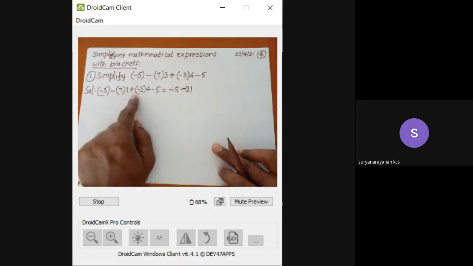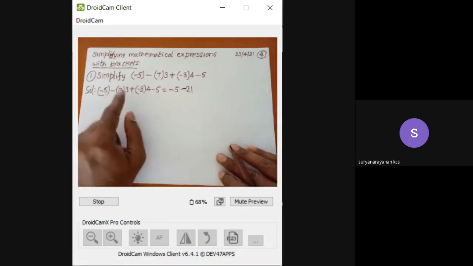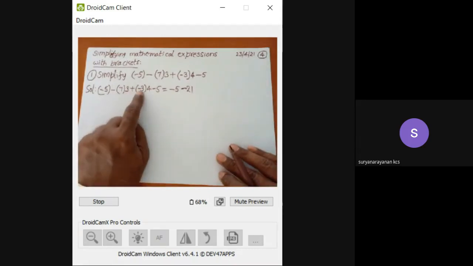Now come to the next one, plus into minus 3 into 4. Previously I told you, bracket means inculcate the habit of reading it as into. What is the rule?